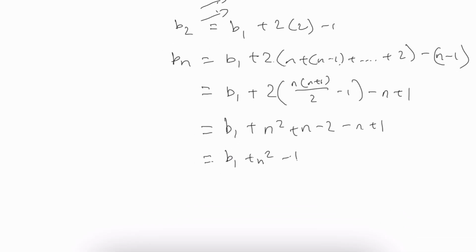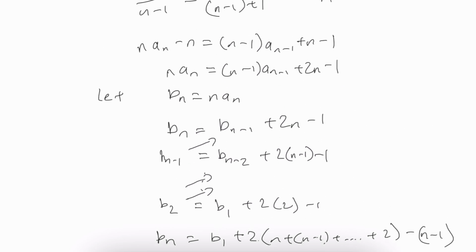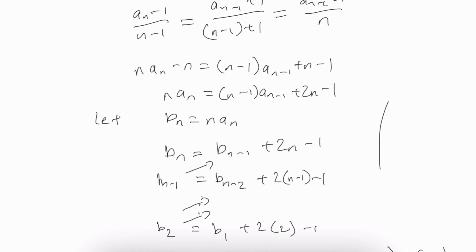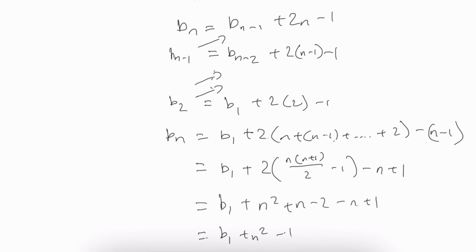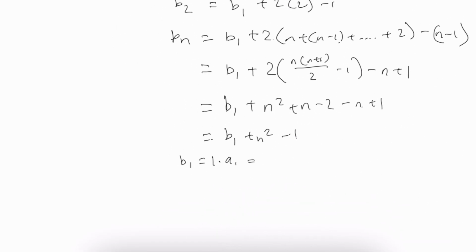And we have the initial condition that b sub 1 is equal to 1 times a sub 1 from this definition, and we have that a sub 1 is 2, from the given problem. So this is just equal to 2. So in the end, we have that b sub n is equal to 2 plus n squared minus 1, or n squared plus 1.